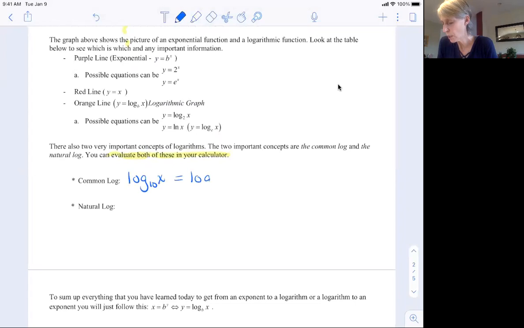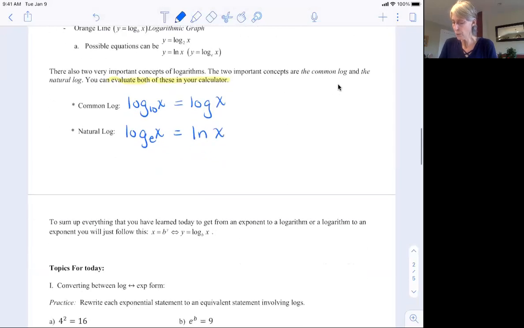And you will see that frequently. If you don't see a base there, it's just like a square root sign. You don't see that little 2 in the hook, it just means take the square root. When you don't see a base, it just means it's base 10. And the natural log is log base e, which we rewrite as ln of x. And both of these will become very important later on in the unit.